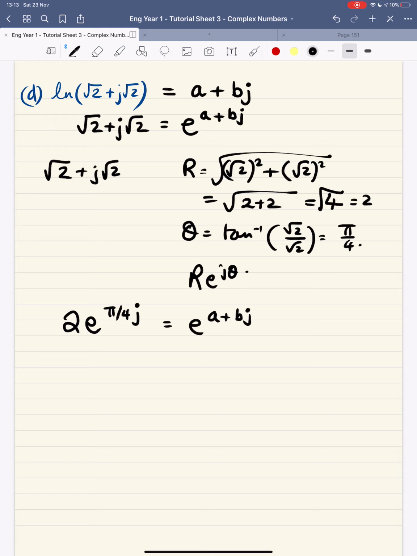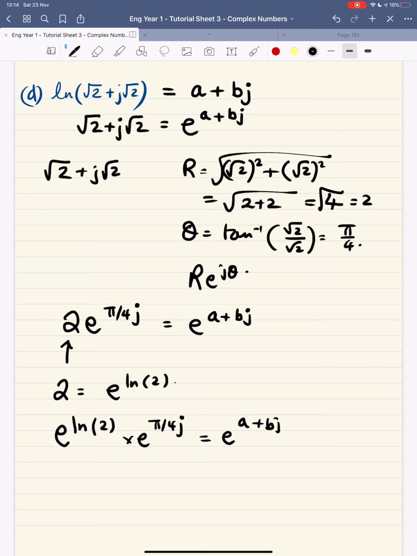Now the 2 here is e to the ln of 2. So we've got e to the ln of 2 times e to the pi by 4j is e to the a plus bj.